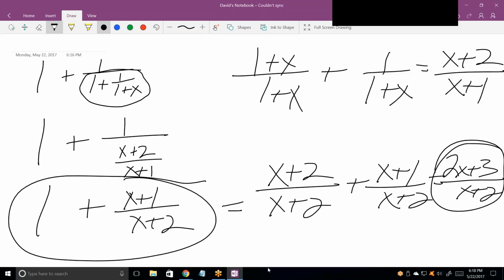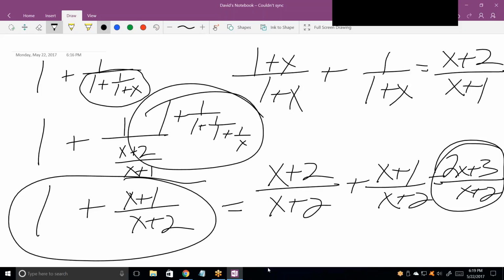In other words, it does not matter how complicated they make this. I've seen problems that are like 1 plus, when you were reading it to me, I wasn't sure how many steps we were going to go. You could basically go forever. And it does not matter.